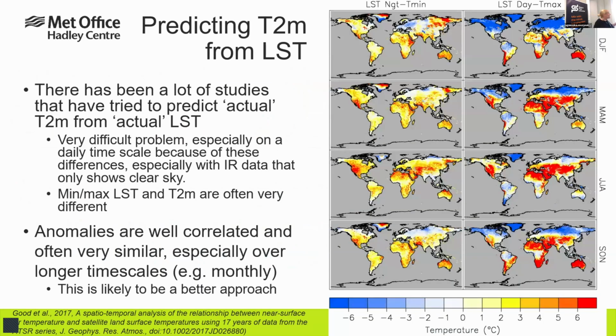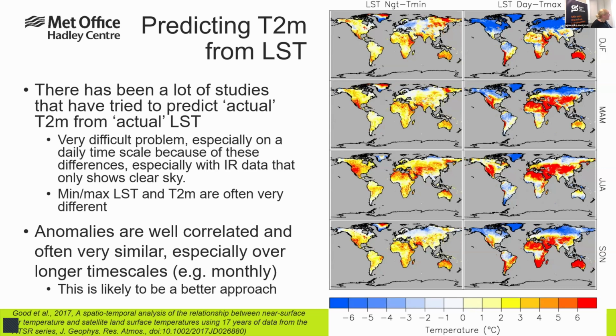And when we look on a global scale, we can see that there are very large differences. So these maps here are using the same data that I showed you in that time series from GlobTemperature, with LST minus another data set from CRU here in the UK, showing global differences on a seasonal basis between LST night and T min on the left, and on the right is LST max and T max.